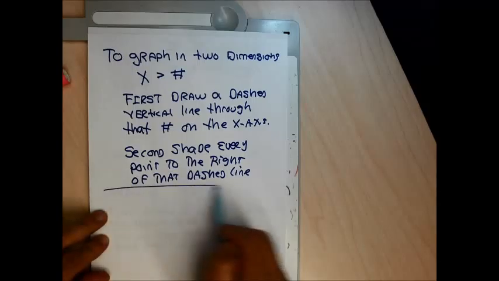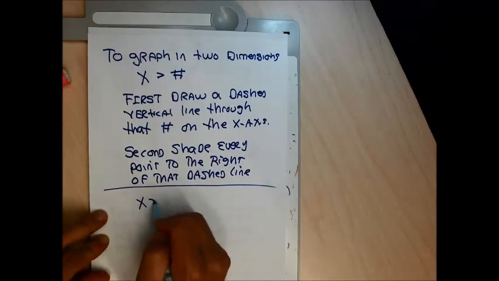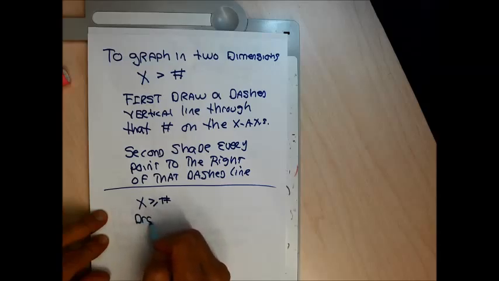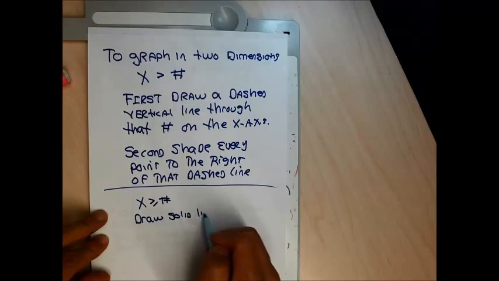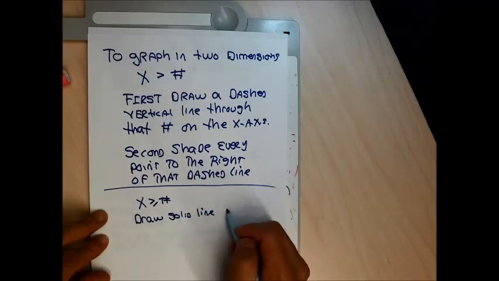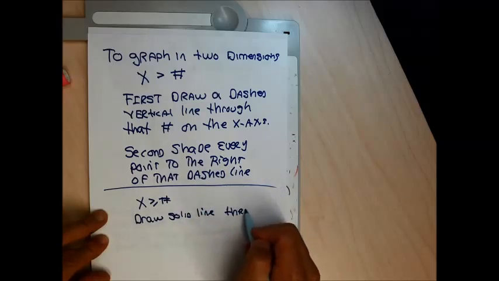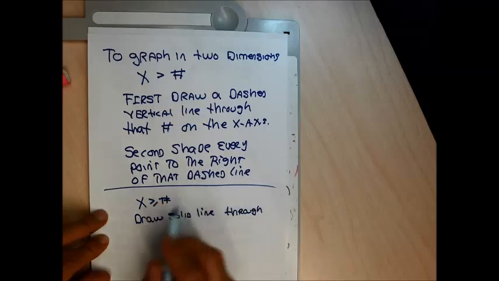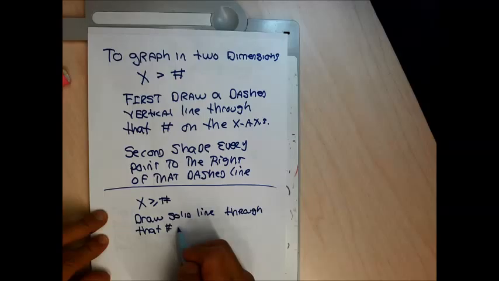To graph in 2 dimensions x greater than or equal to some number, I'm going to draw a solid vertical line through whatever that number is on the x-axis.